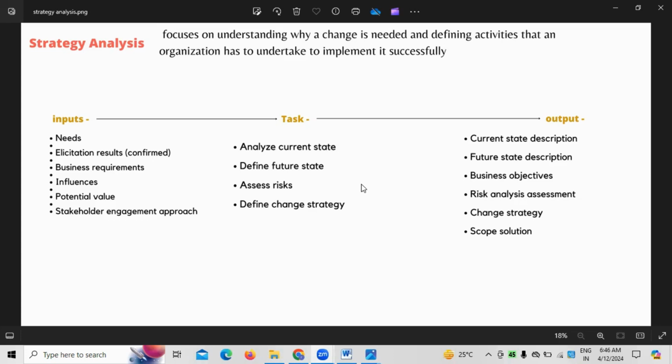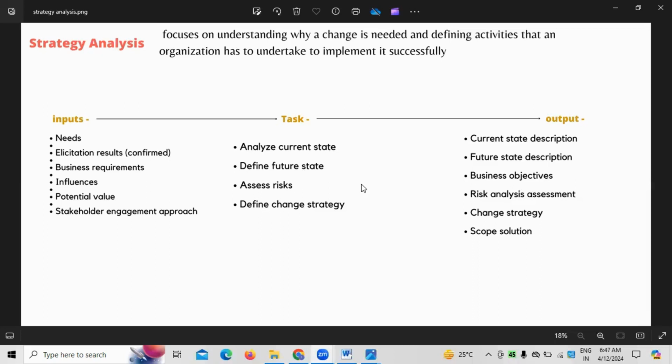At the same time, we need the results of elicitation, based on techniques like a JAD session, by which we'll know how to move further. What expectations the customer has and what we are going to implement. Even business requirements, and how to engage customers. These are all the inputs we need to take to perform the task.